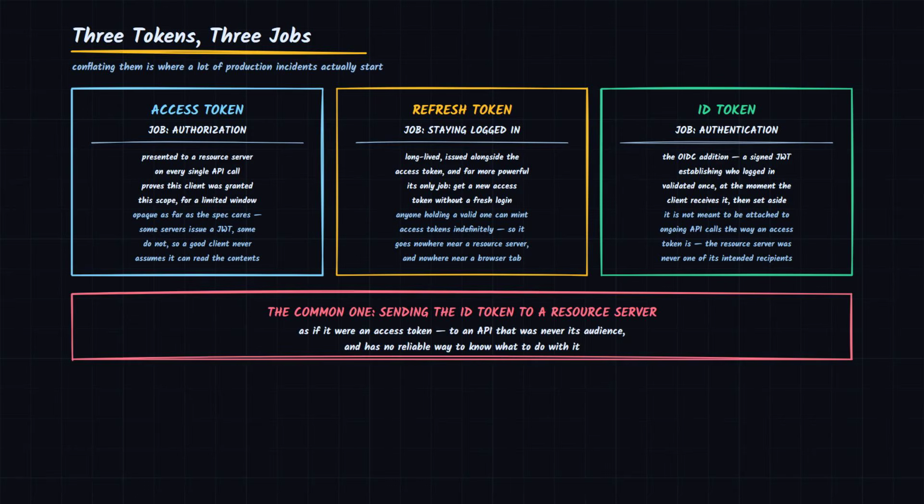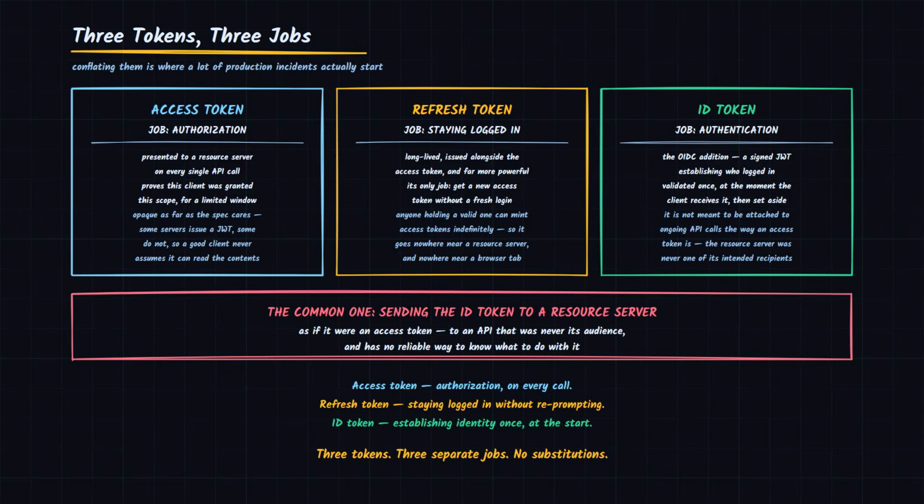That's a genuinely common architectural mistake, sending the ID token to a resource server as if it were an access token, when the resource server was never one of its intended recipients and has no reliable way to know what to do with it. Three tokens, three separate jobs: access token for authorization on each call, refresh token for staying logged in without reprompting, ID token for establishing identity once at the start.